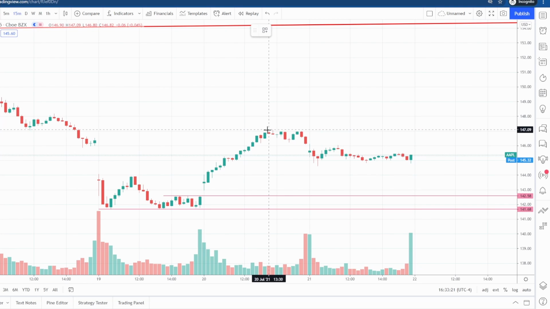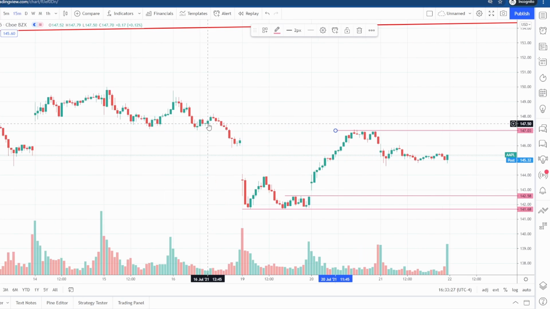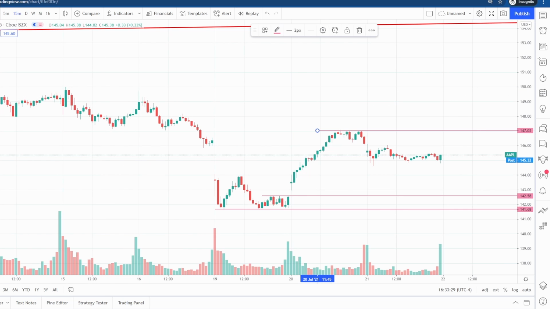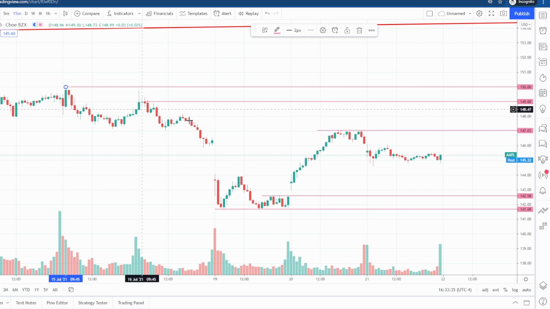One, 147 is definitely a level of interest and of resistance, right? And then the next level would be up around here, 149. These are just on an intraday basis, right? These are levels that we may want to look at tomorrow because we still have that short position open.